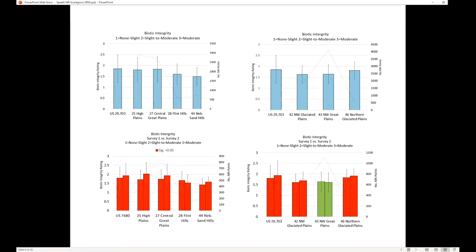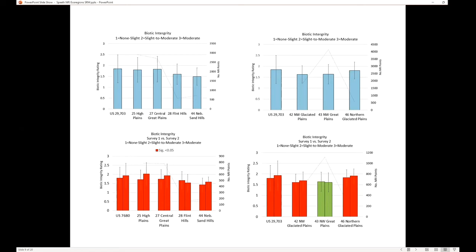So we're starting to move more into the middle of slight to moderate departure. And so for the High Plains and the Central Great Plains, the situation was moving more toward a moderate or slight to moderate departure from the first visit.